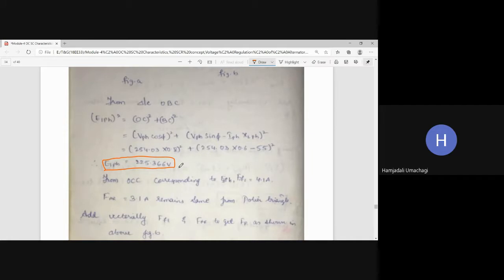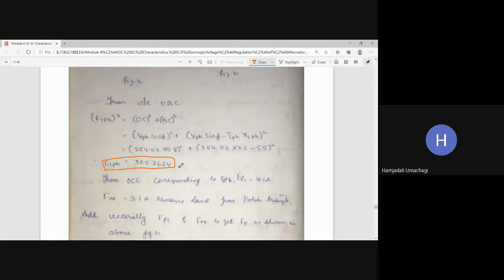To find IF1, check corresponding E1PH. Already you are given with E1PH, right?